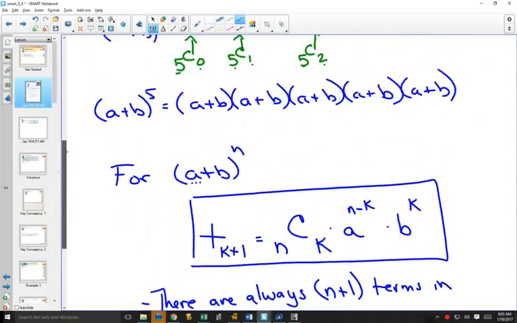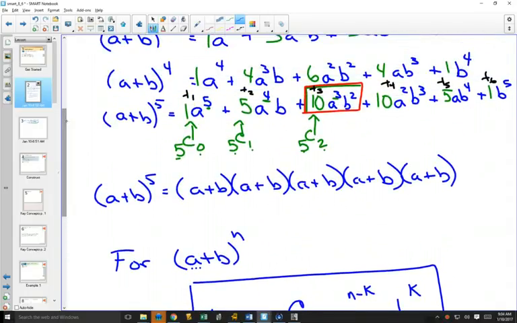So notice in our 5th one, if we count how many terms we had, we went up to term 6. So when you have a plus b to the 5, you have 6 terms. Now, there are so many things in math where sometimes it's 1 more and sometimes it's 1 less, because k is 1 less, but there's 1 more term.